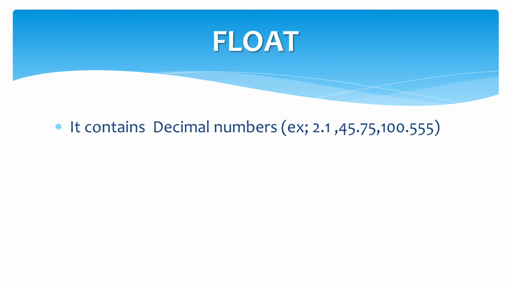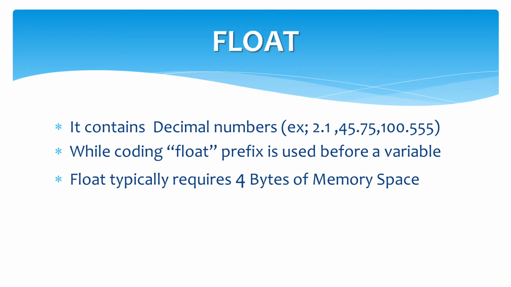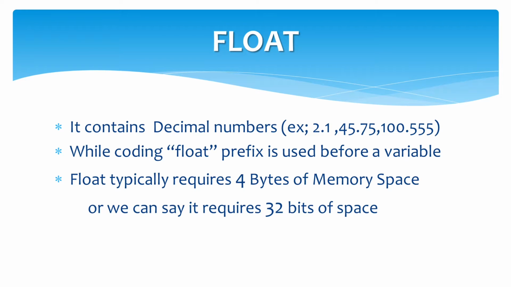Then float comes, which contains decimal numbers. I have given examples 2.1, 44.75, 100.555. While coding, the float keyword is used before a variable. Float typically requires 4 bytes of memory space, or we can say it requires 32 bits of space.